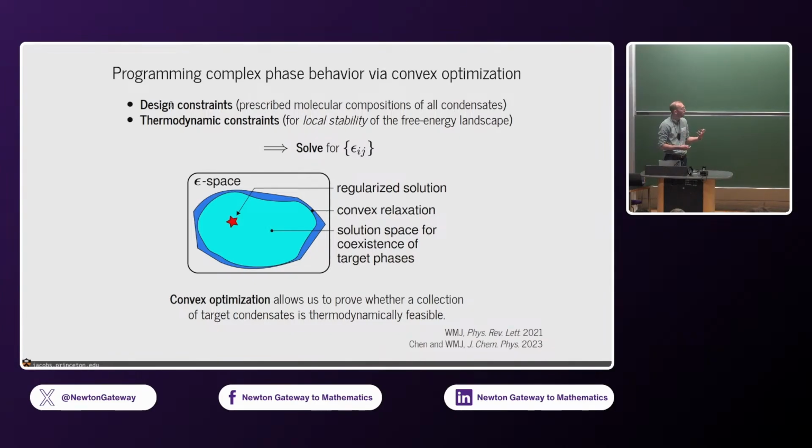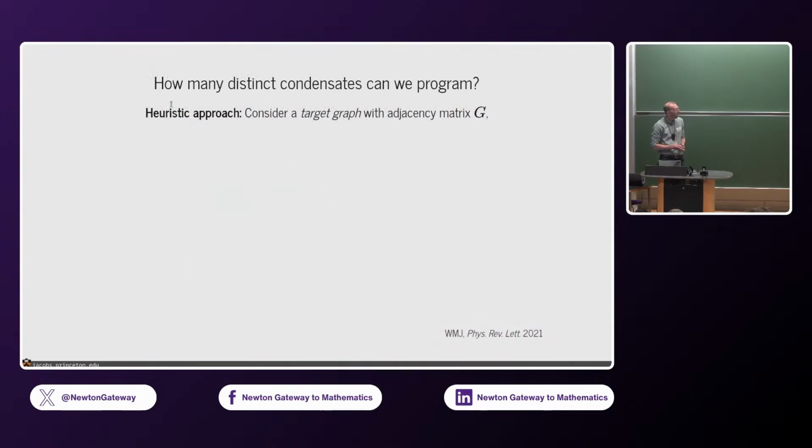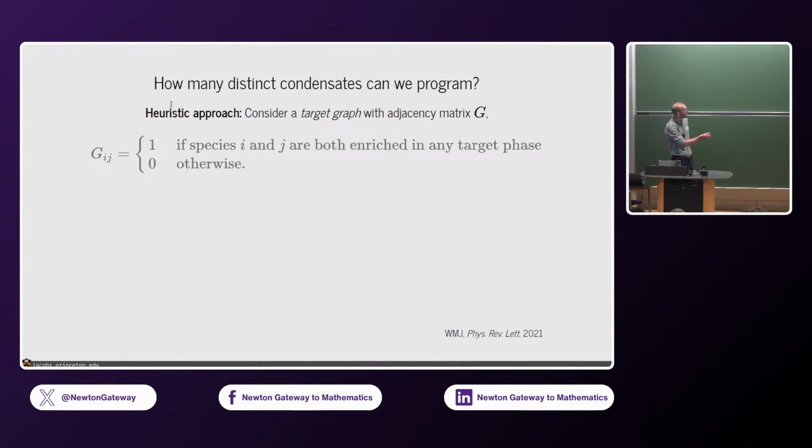Okay, so before I show you these results, it's useful to think about a heuristic. So here, if you take a particular limit of that problem and think about this second derivative matrix, it's useful to write down what we call a target graph, which is just this adjacency matrix that tells us in our design problem, we put a 1 if our species i and j are both supposed to be enriched in high concentration in any particular phase.